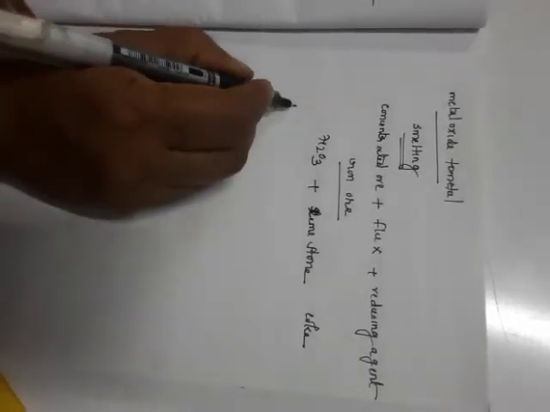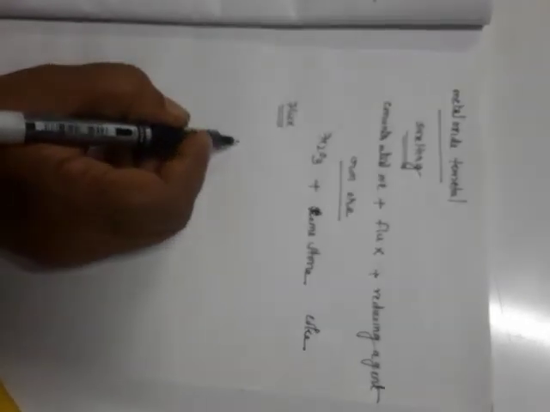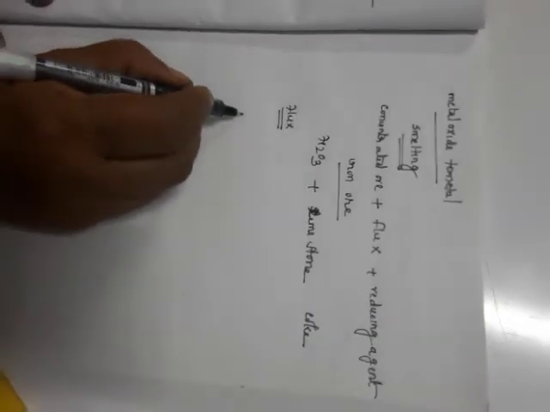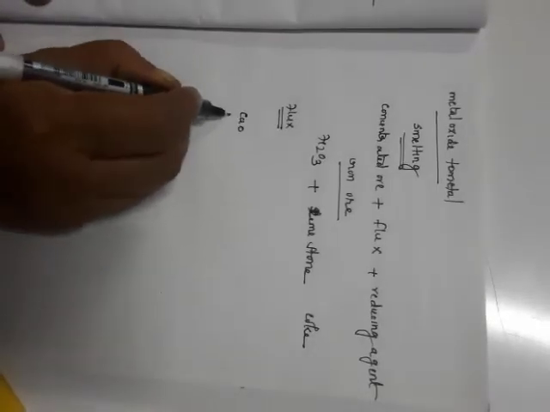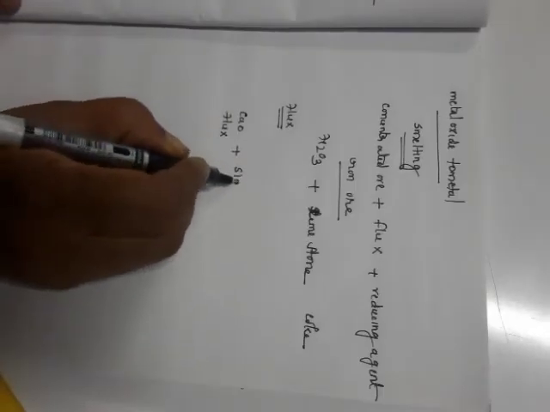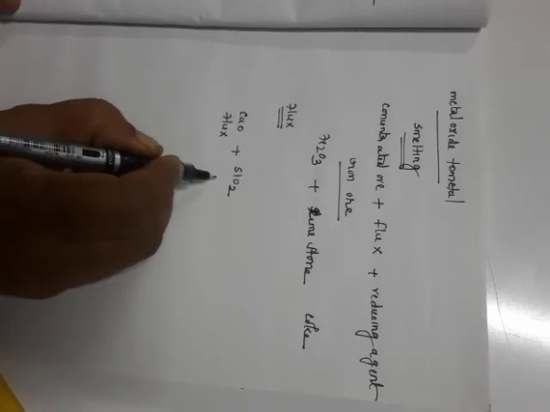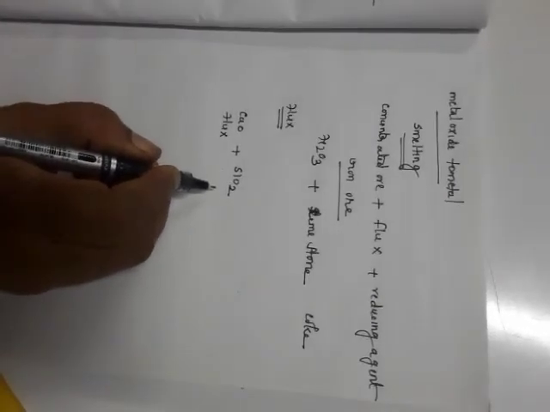What is the activity of the flux? The flux, limestone, which is basic in nature, reacts with the silica, that is the gangue, which is acidic in nature.